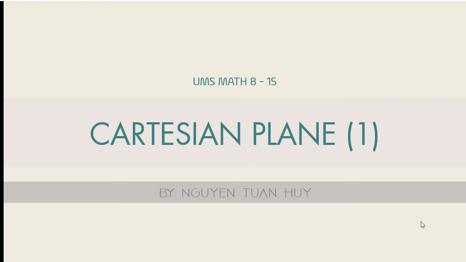We will discuss how it is created, how it works in describing positions using numbers, and we will also describe lines on the Cartesian plane as well as examine some features of a line on the Cartesian plane. Okay, are you ready? Now move on to the Cartesian plane.